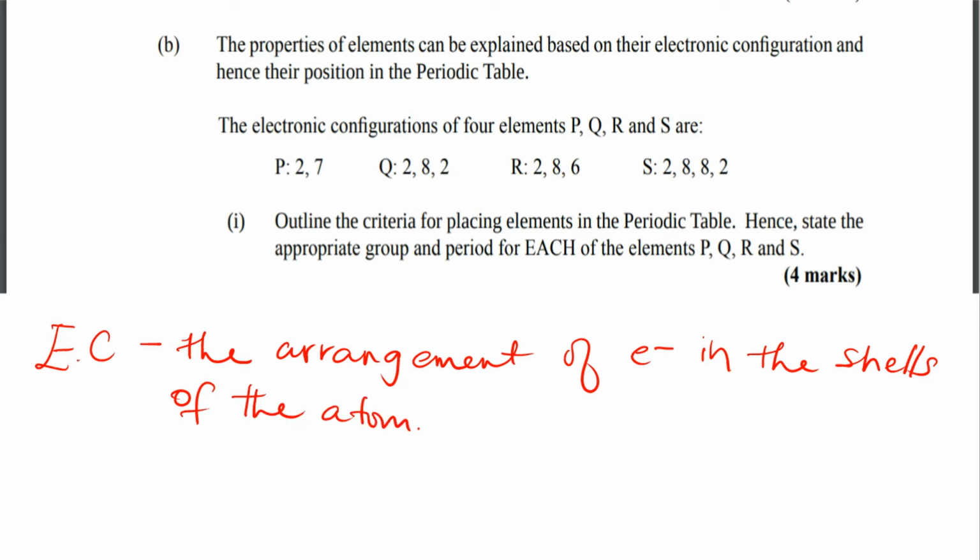So they ask us what's the criteria. We just get that out of the way to establish what electronic configuration is, and they ask us the criteria for placing elements in the periodic table.